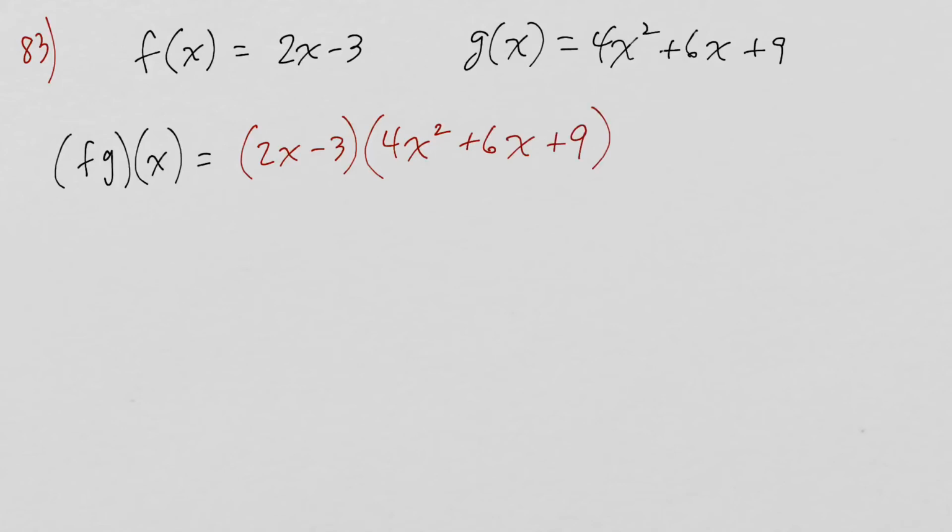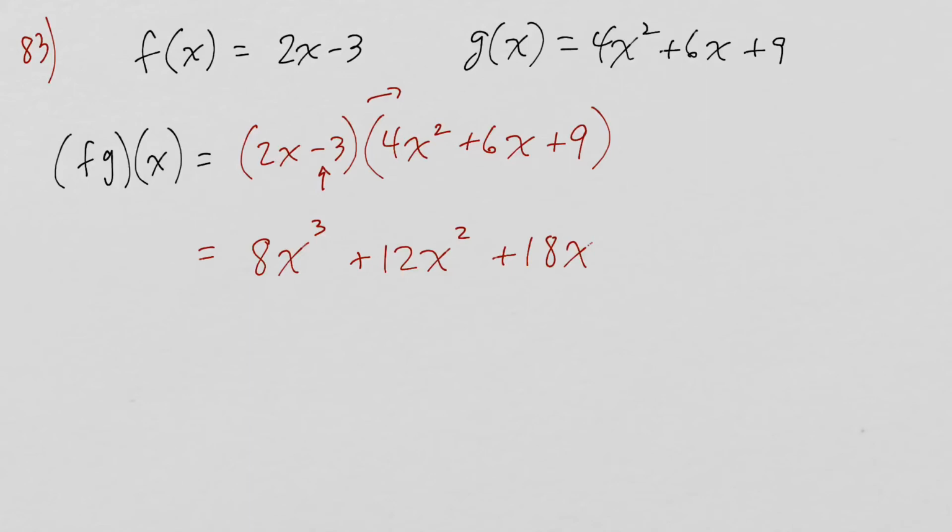And remember, we're going to ignore the negative 3. We'll just start with the negative 2x, and we'll distribute that all the way through. Okay, so I get 8x cubed plus 12x squared plus 18x when I distribute that. Then I'm done with that, and I move on to the negative 3, and I distribute that through everything here.